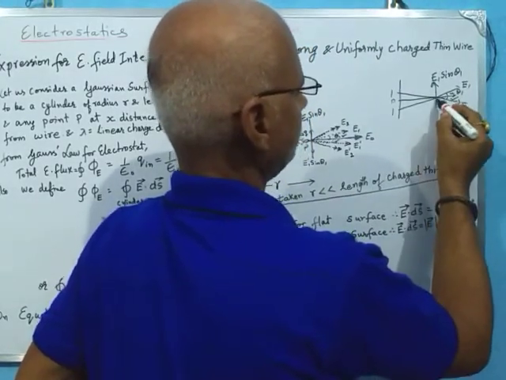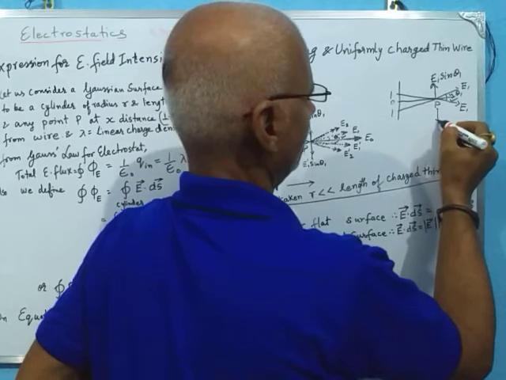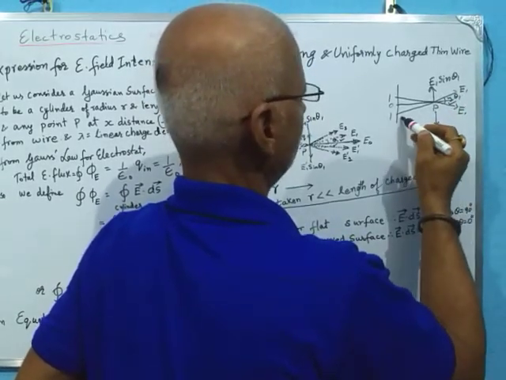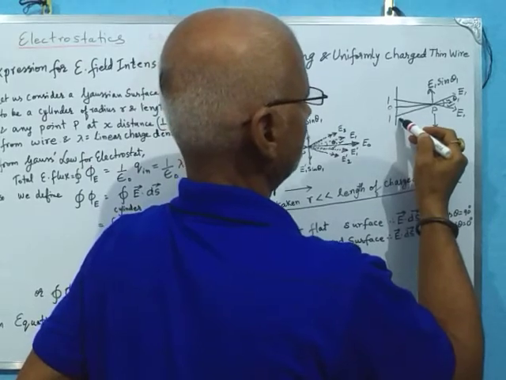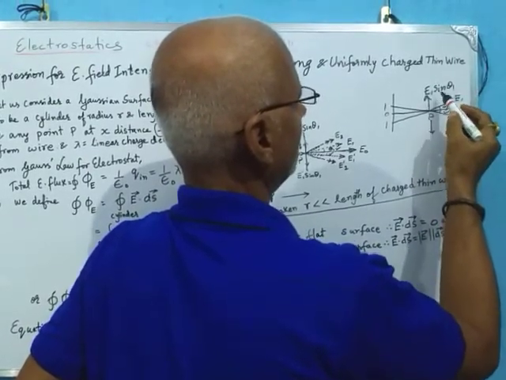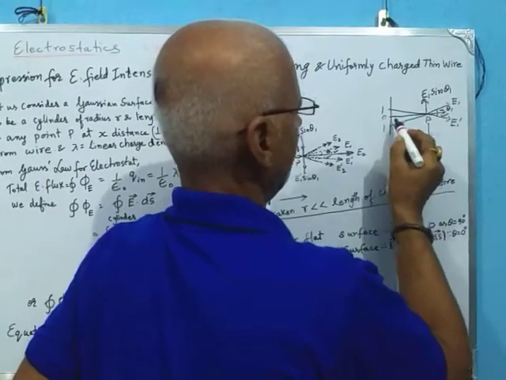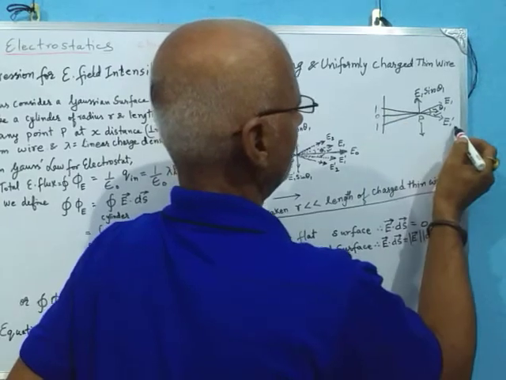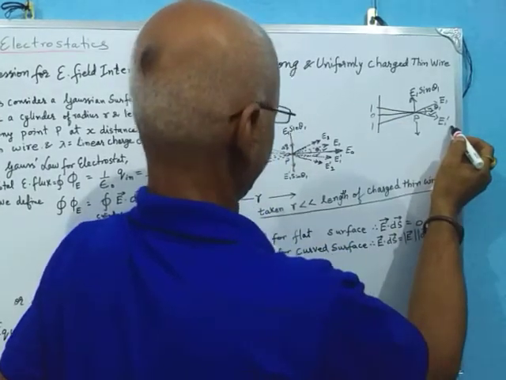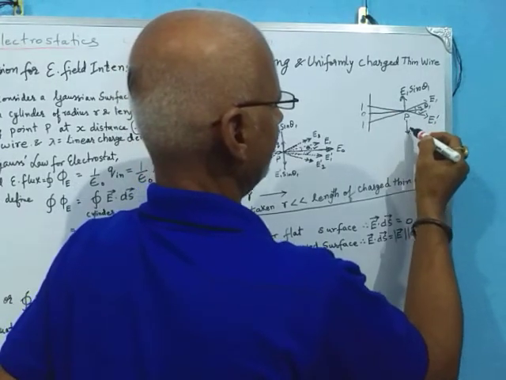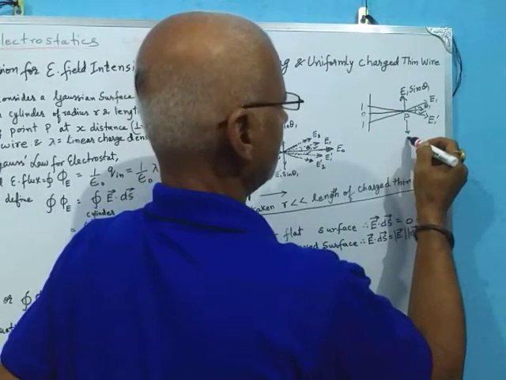then those two vertical components, one produced by the lower charge, say E1, will be in the vertically upward direction, and that by the upper charge, say E1 dash, will have a vertically downward component.